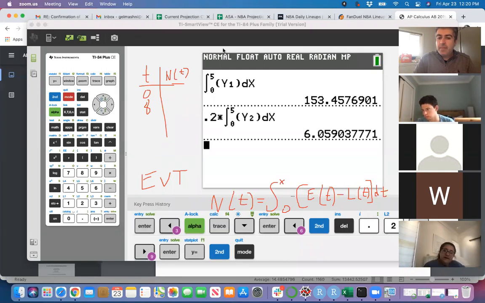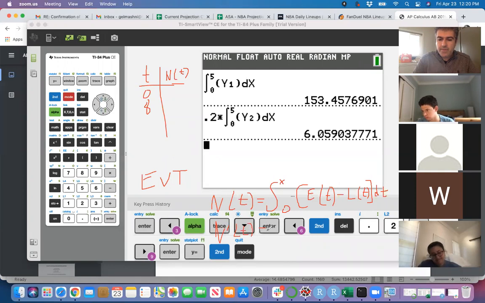So anyway, remember the fundamental theorem of calculus as well. You also want to test your critical points too. So N prime of t, I want N prime of t equals 0. That's a critical point.